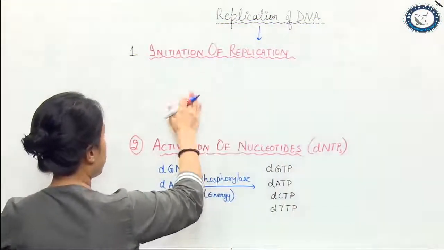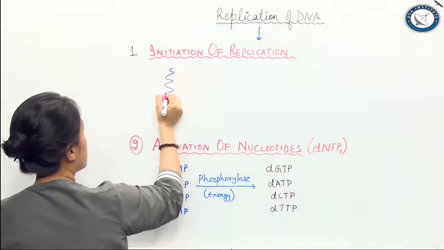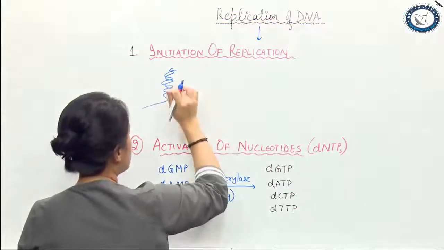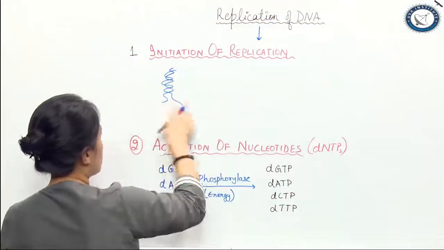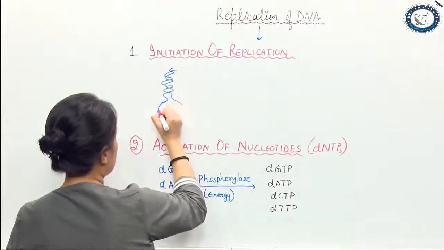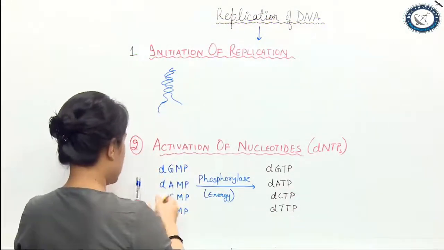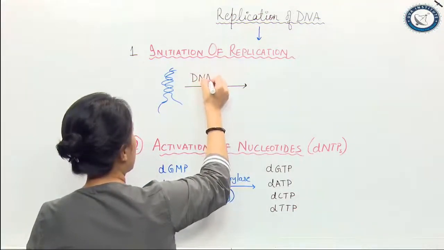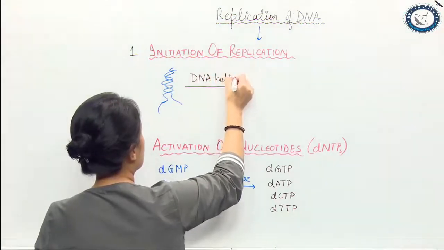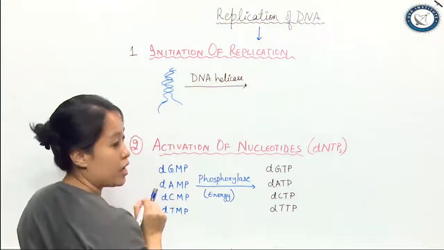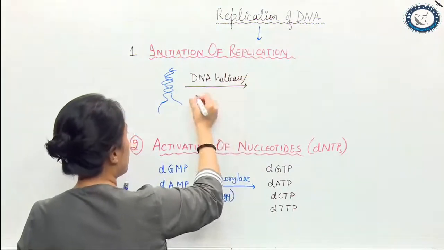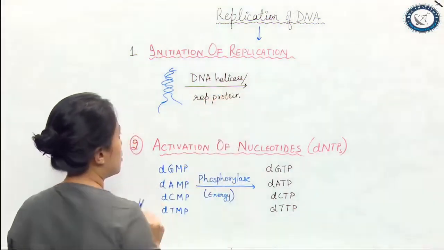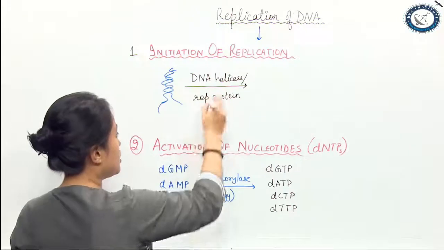So, say for example, this is a DNA molecule which is a double helical structure. This is your double helical structure. Okay? Now, there is an enzyme known as DNA helicase, which can also be known as rep protein.